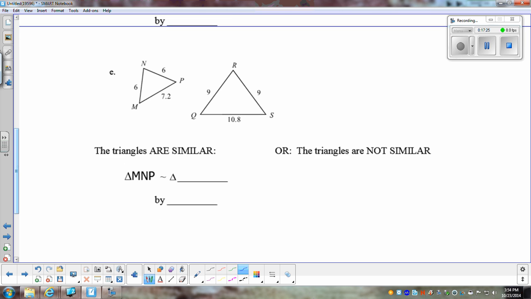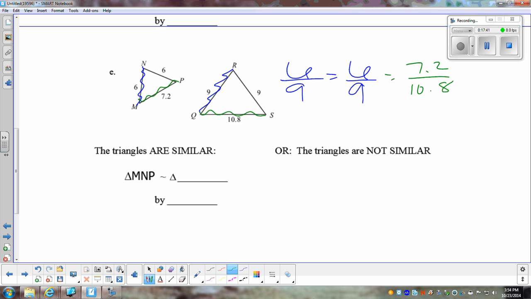E. My little side is 6. Over here, my little side is 9. And 6 and 9 is going to be 6 over 9. And then 7.2 over 10.8. Well, 6 over 9, if I check it in my calculator, simplifies to 2/3.